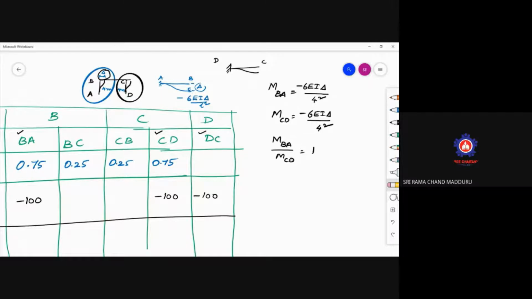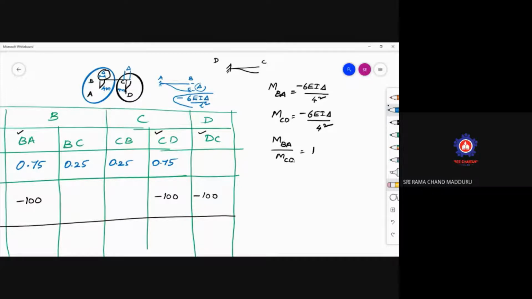Here, as the lengths are uniform, as the lengths are 4 meters, and the deflection delta is same for both the conditions, this is also delta. That is the sinking of the support, or the sway. The sway moment is 6EI delta by L square, and both are same. MBA as well as MCD both are same.